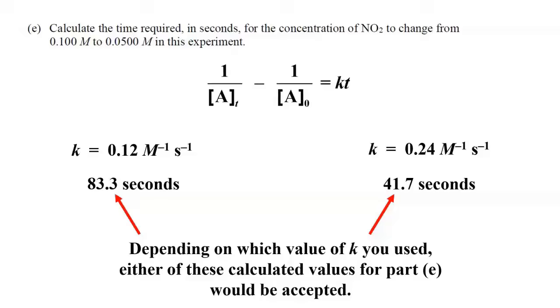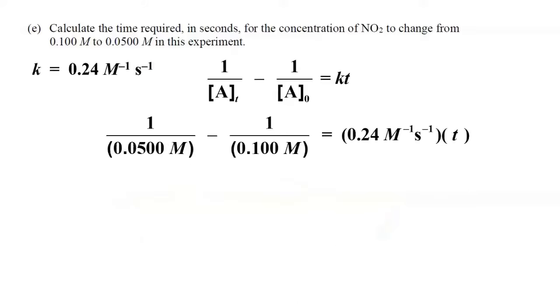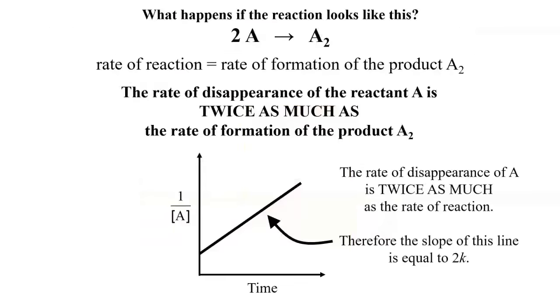I apologize if that was a little confusing, but I just wanted to make sure that you understand that the situation here was because we had a coefficient of 2 in the disappearance of the reactant. It was twice as much as the formation of the product. That's why the slope of the line would actually be 2K as opposed to K.